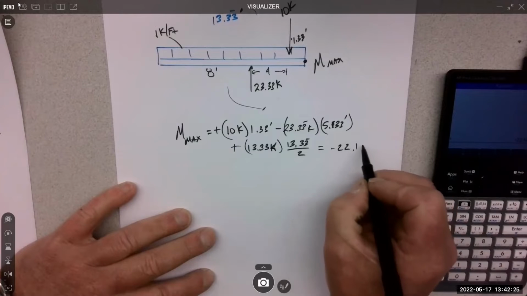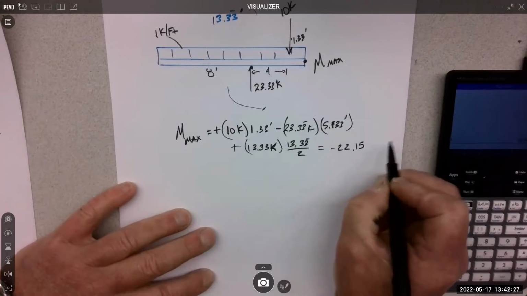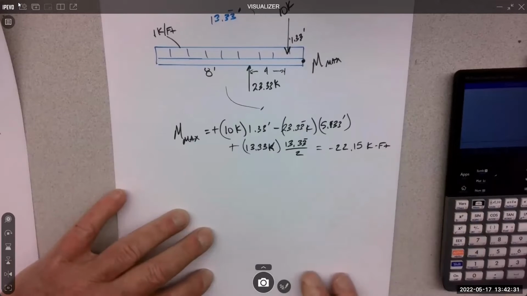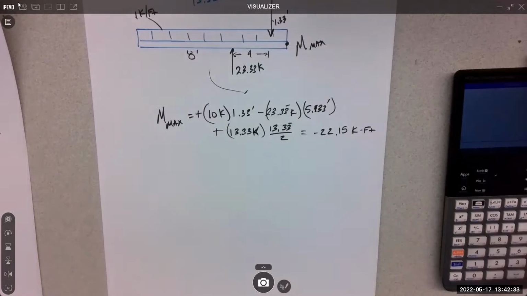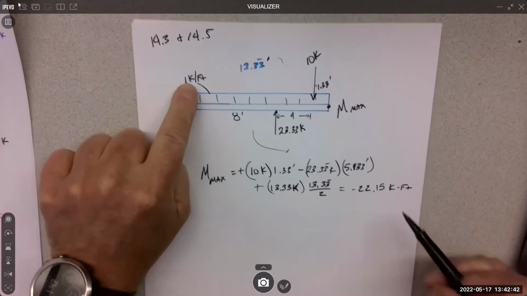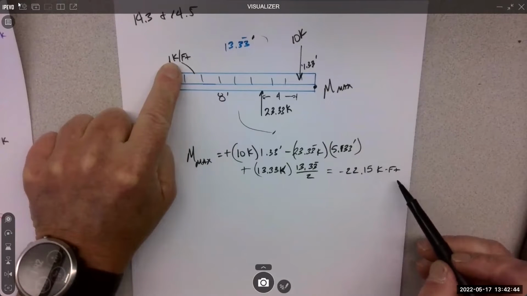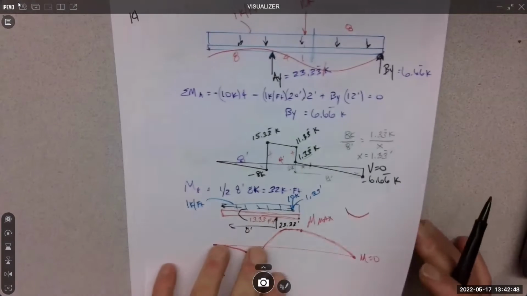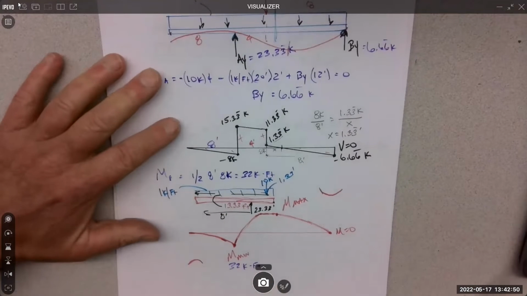Well, I'm just going to write it as 1.5. And it's not kip per feet, it's a kip feet, right? It's a moment. Yeah. So that's a mistake that gets made a lot, is people get confused with the distribution and a moment unit. Moment is kip feet. So 22.15 is this one.